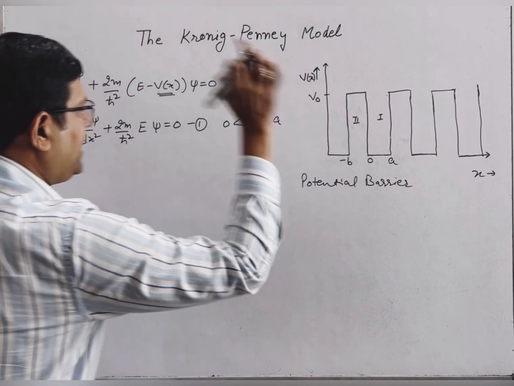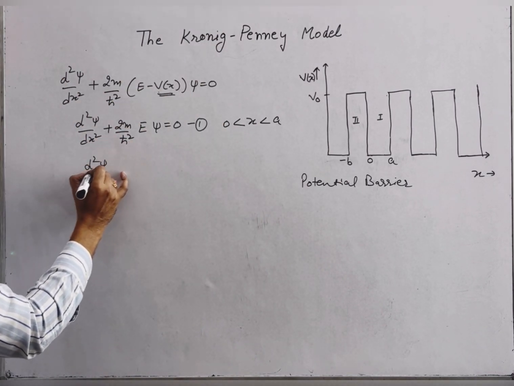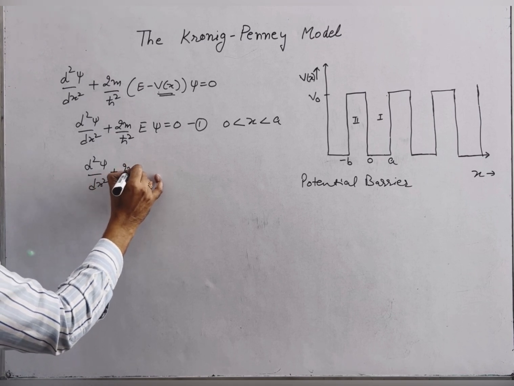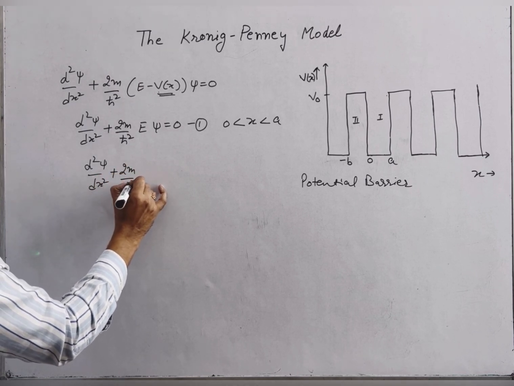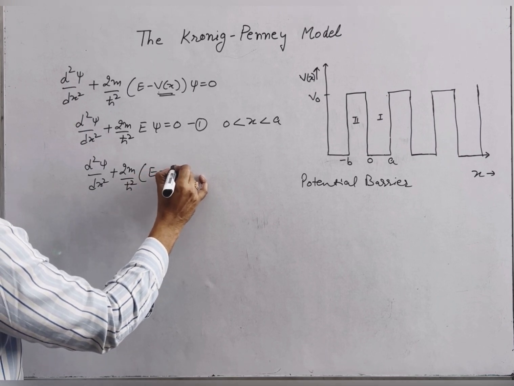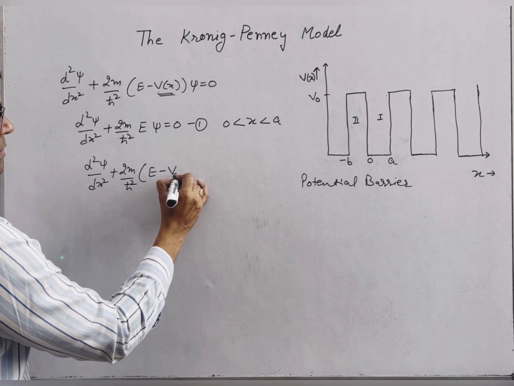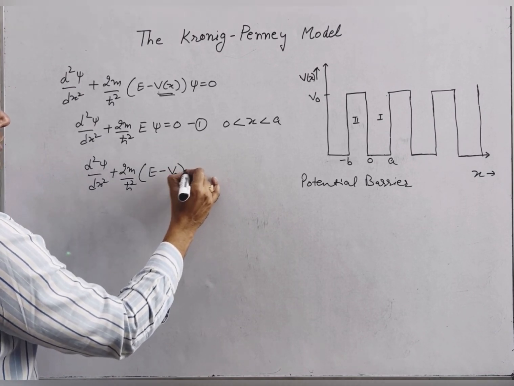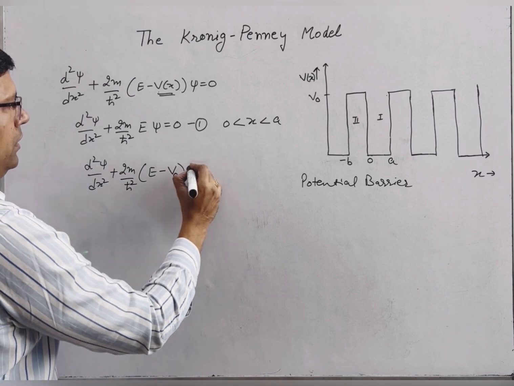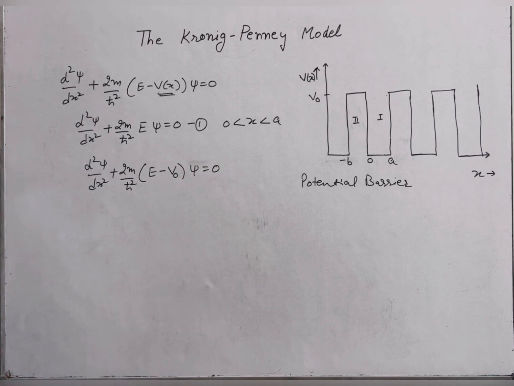For the second region, the Schrodinger equation will be d2 psi upon dx square plus 2m upon h cut square into E minus V naught, the maximum potential, into psi equal to 0.